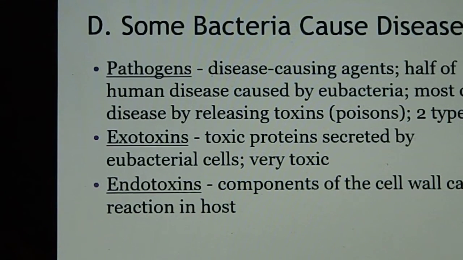These pathogens release or have toxins, which are poisons. There are two types of toxins: exotoxins and endotoxins. Exotoxins are actually secreted by the cell and cause disease in that way. These are the most toxic. We talked about Clostridium botulinum and Clostridium tetani.